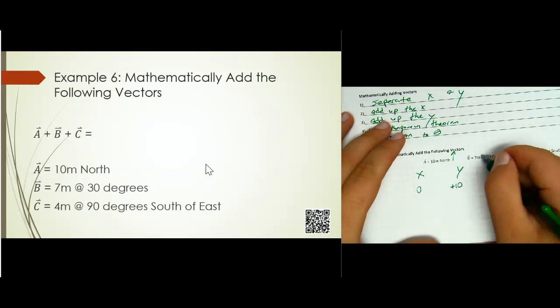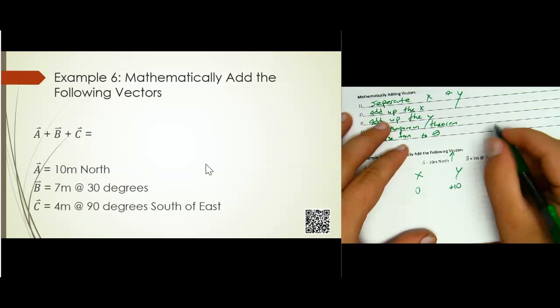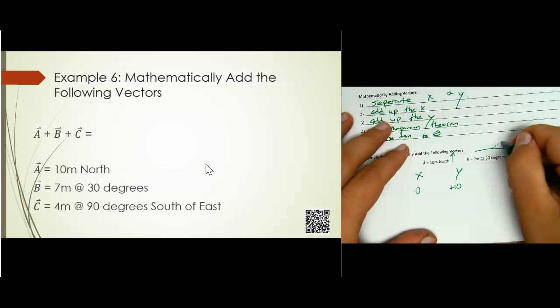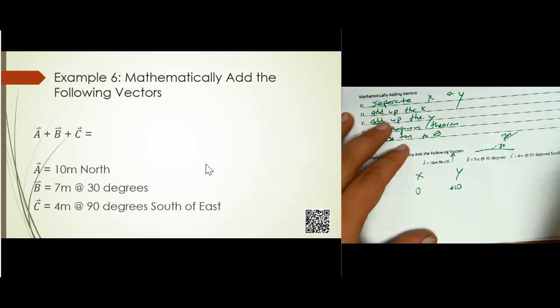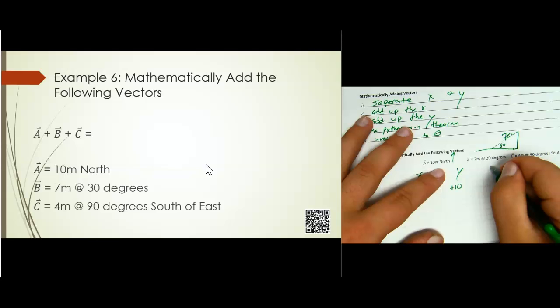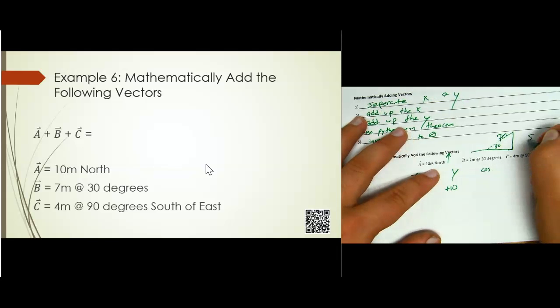Let's do 7 meters. Oh, this is going to be difficult. So 30 degrees, if that's my line, 30 degrees is going to look like that at 7 meters. All right, well, I got to find the opposite and adjacent. So the SOHCAHTOA.